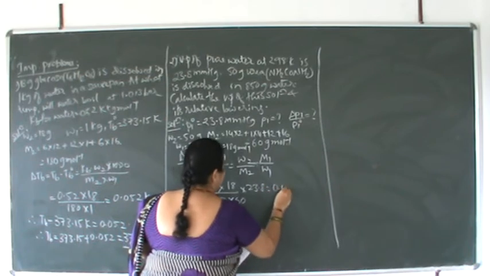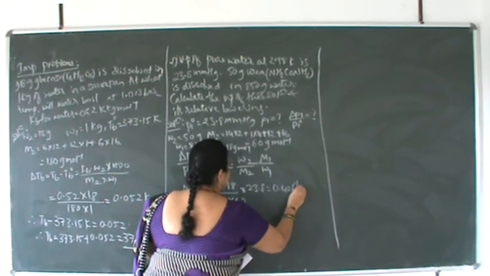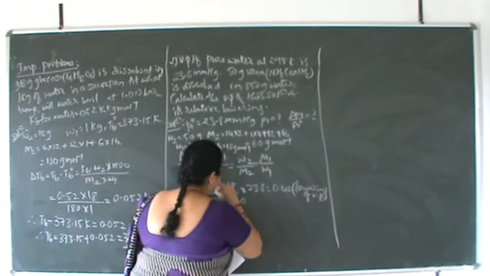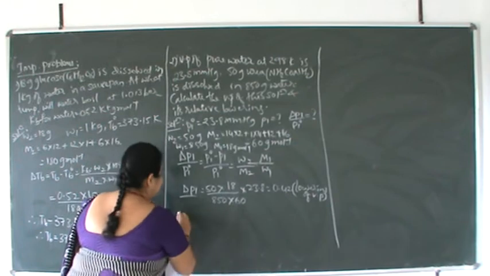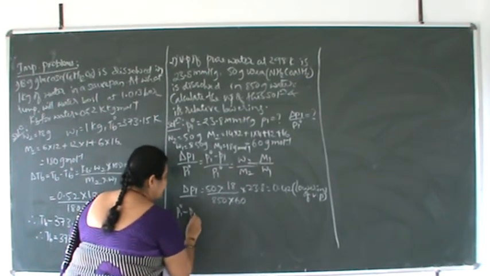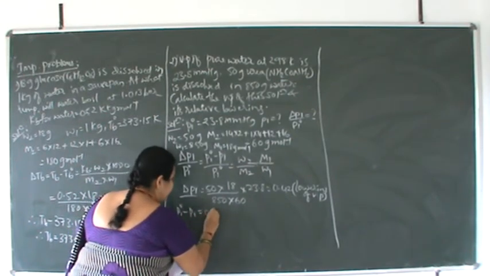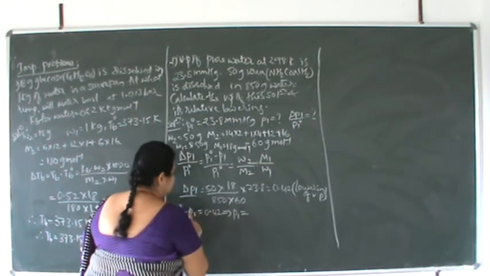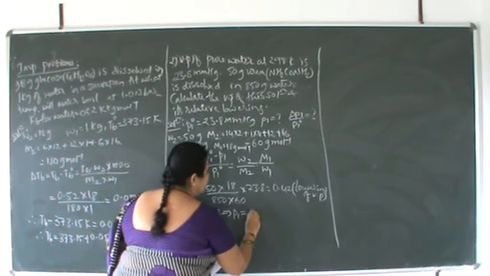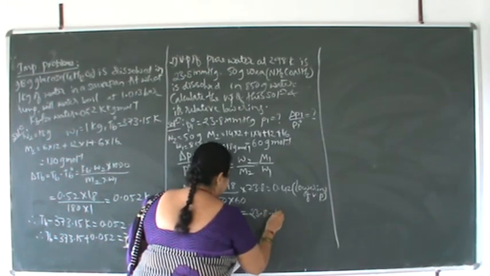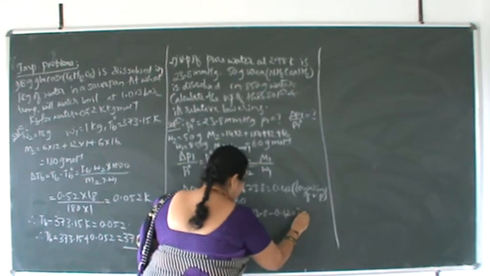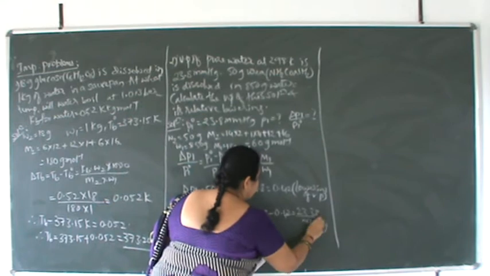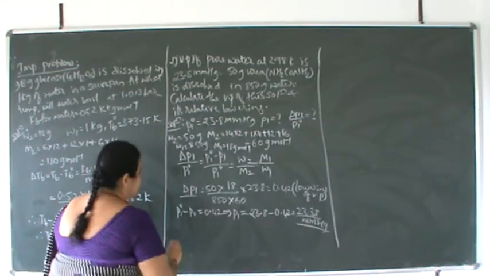It will be 0.42, and it is lowering of vapor pressure. Okay. Now P1 naught minus P1 is equal to 0.42 implies P1 is equal to 23.8 minus 0.42, 23.38 mmHg. This is the vapor pressure of solution.